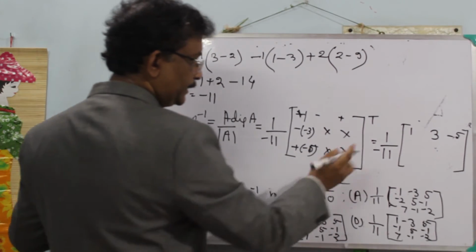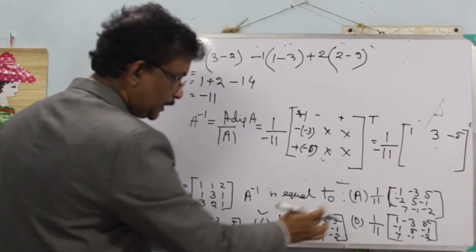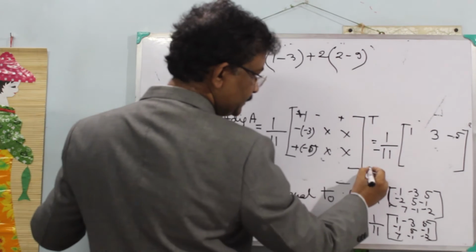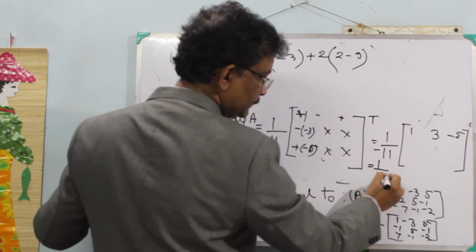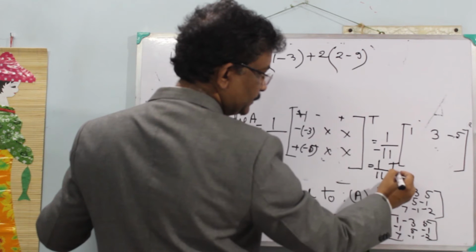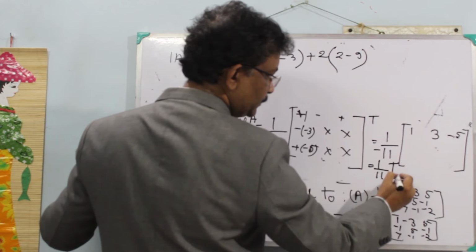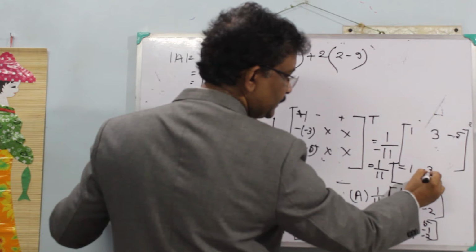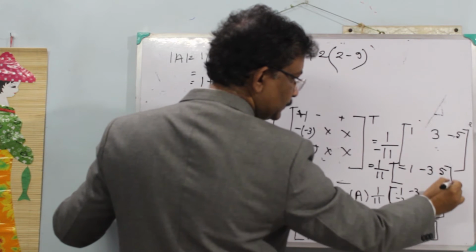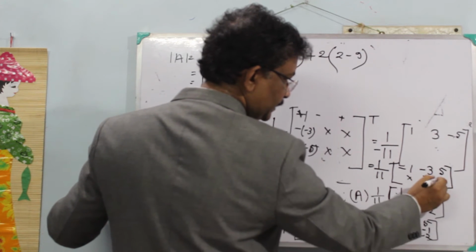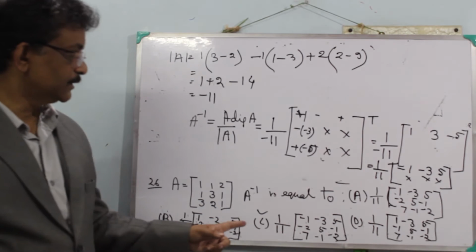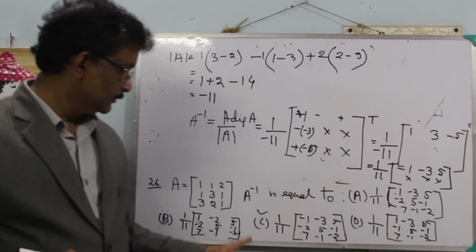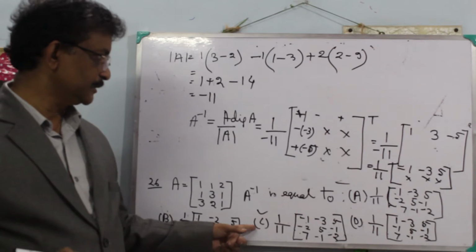Now if I multiply by the factor, multiplying by minus 1, the first row would be minus 1, minus 3, 5. I am not interested in the others. So I have got one answer, minus 1, minus 3, 5. So C is the correct answer.